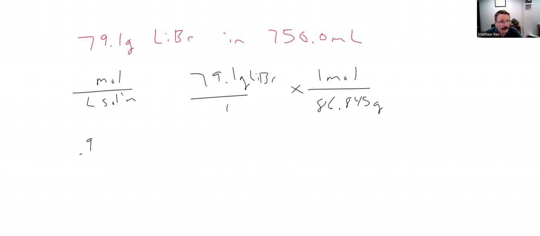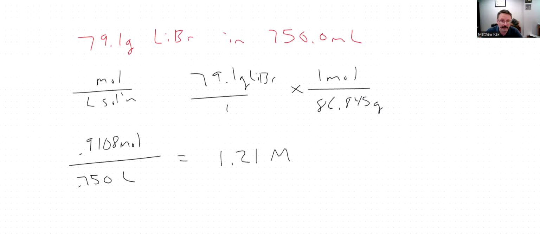I need to put that over liters of solution. We have 750 milliliters of solution, or 0.750 liters of solution. And that should give us 1.21 molarity for our concentration.